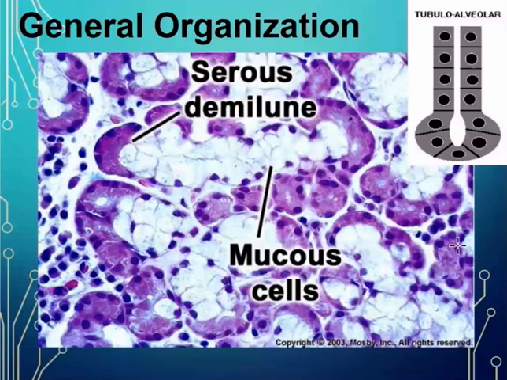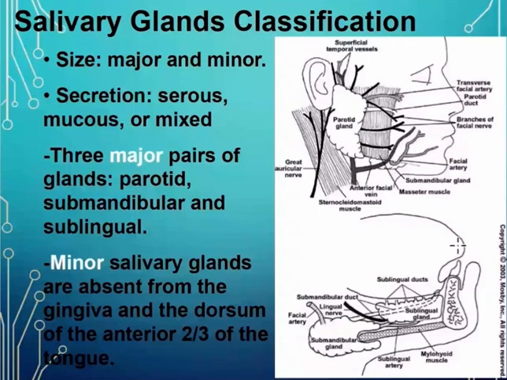Now, the acini of the cells, the salivary glands, are classified either according to the size into major and minor salivary glands, or according to the type of secretion. We have mucus, mucin-based, serous, amylase-based, or the mixed type.